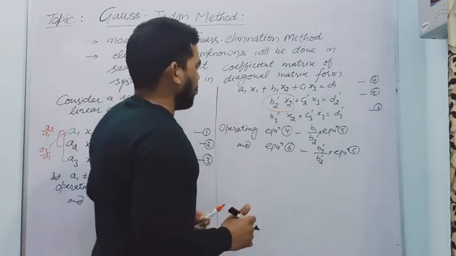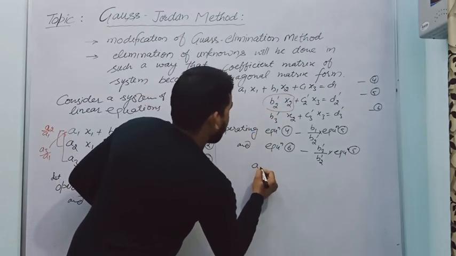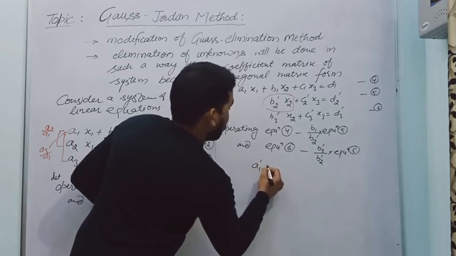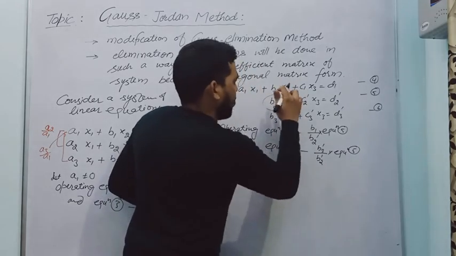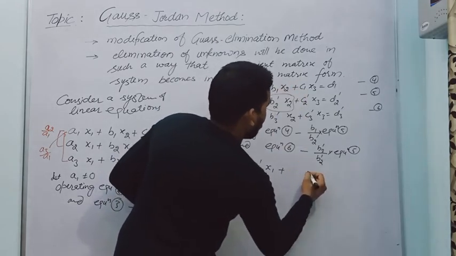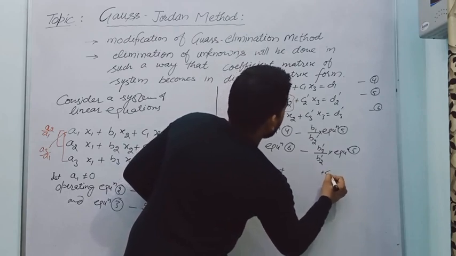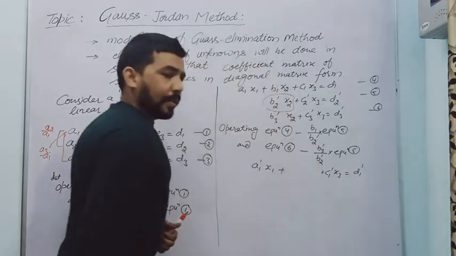When x2 is eliminated, the system will be like this. Suppose a1 dash x1 plus, that will be eliminated, and I have left c1 dash x3 equal to d1 dash, right?